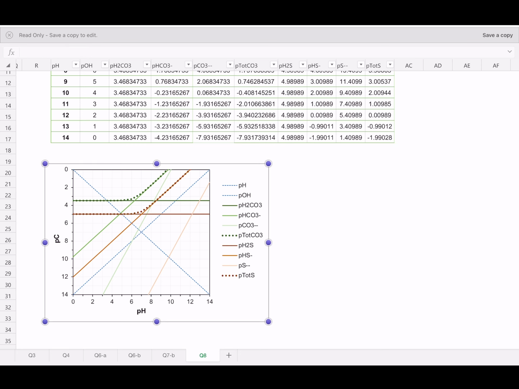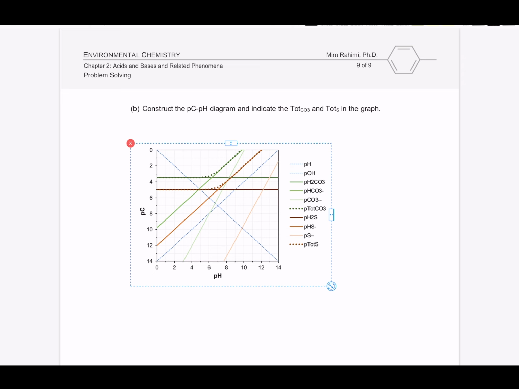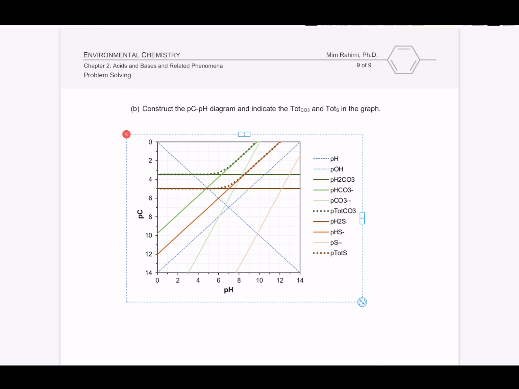And this graph would be basically from 0 to 14. And we're taking into account also the total concentration. So here, as you see, these are the individual lines for individual species, but this one is the total concentration for the H2S system, and then this is the total concentration of carbonic acid.